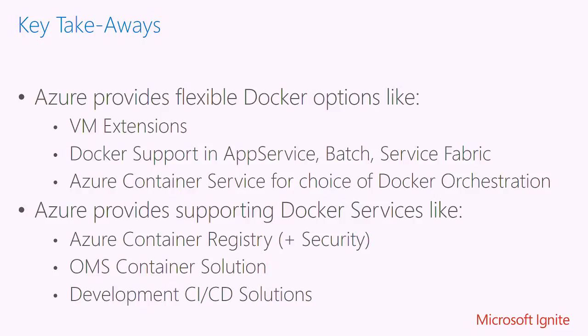And we had a look at app service as an example. Had a look at Azure Container Service and specifically Kubernetes. And we also had a look at some of those supporting technologies like the Azure Container Registry for a secure private registry, Operations Management Suite for log aggregation and analytics.